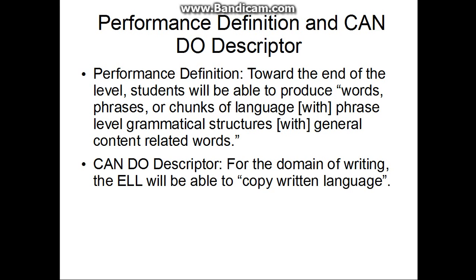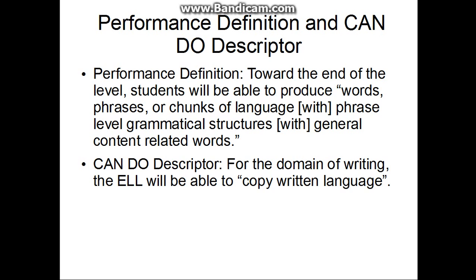First, we'll talk about the performance definition for the objective. For this student Ku, who is at the entering level, the performance definition we'll use will be that toward the end of the level, students at this level will be able to produce, quote, words, phrases, or chunks of language with phrase-level grammatical structures and with general content-related words, unquote.